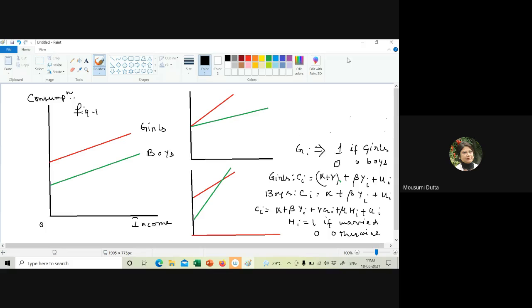So consider both Mi and Gi to be equal to 1. So what will be the regression model? Please tell me. Ci equals alpha plus gamma plus mu plus beta Yi plus ui. Very good.